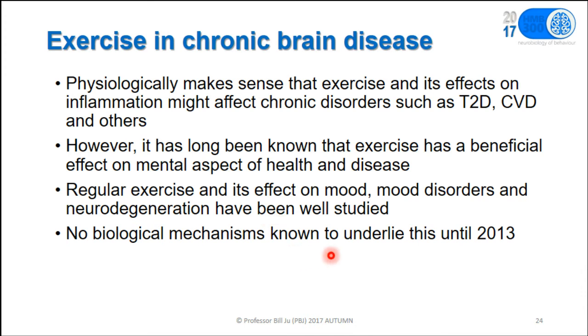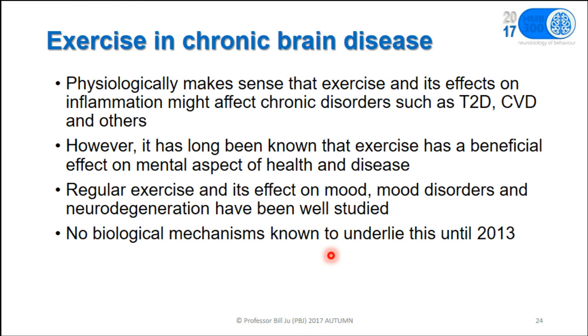But for the most part, it was almost like being in the realm of psychology. So in psychology, people ascribe a lot of different phenomenology, but the mechanisms take a little bit of time to tease apart. Neuroscience wants to understand the mechanisms first and then try to figure out what the overlying or underlying behavior is. And until 2013, no one could actually link why exercise was actually beneficial to your brain.